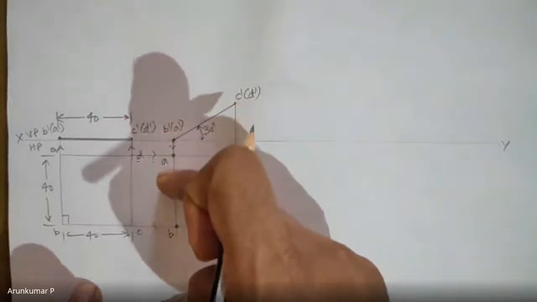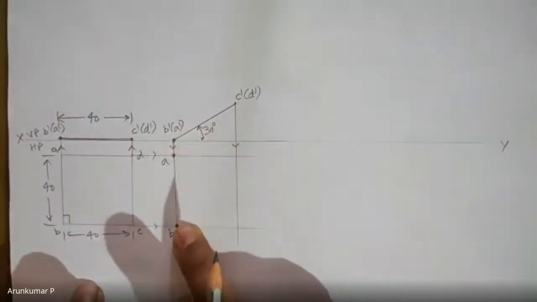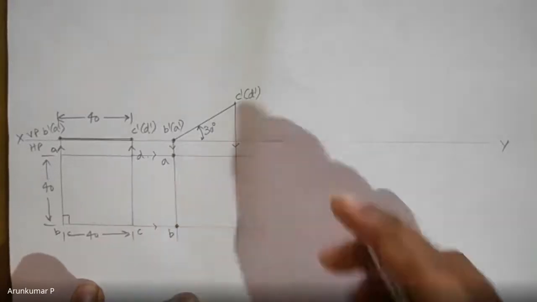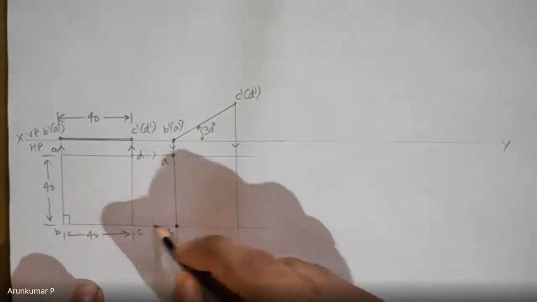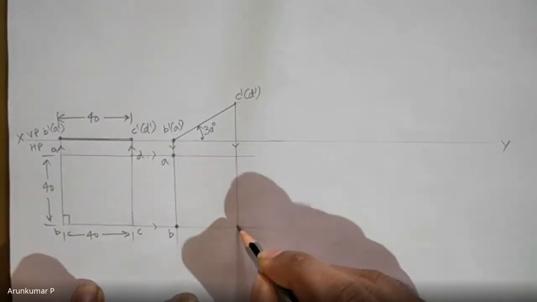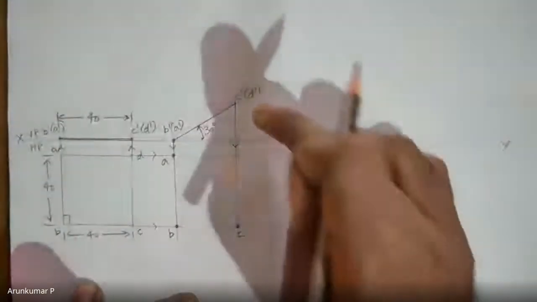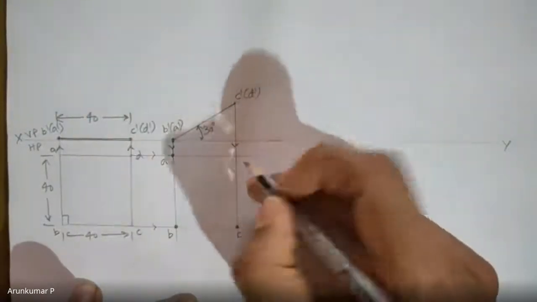Intersection of B dash and B. See, this is a projector of B dash. This is a projector of B. They are intersecting at this point. So this point is B. Intersection of C dash and C is happening here. So this point is C. Intersection of D dash and D is happening here.